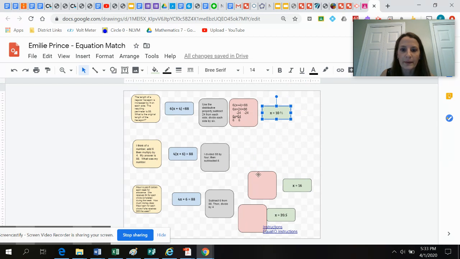All right, let's do this one real quick. It says I divided 88 by 4. Why did I divide 88 by 4? Because there are 4 groups. Oh, come on, don't do it again to me. Hopefully you guys didn't have this problem. Anyway, while we're waiting on me to figure out where my typing button is, the next letter in our code is A and R. Oh, come on.